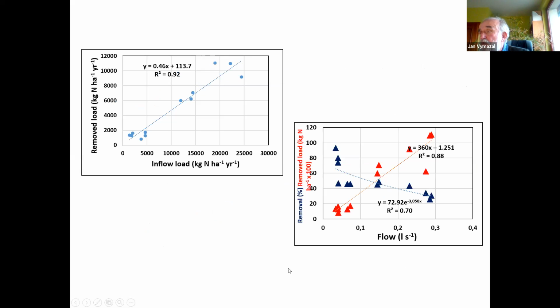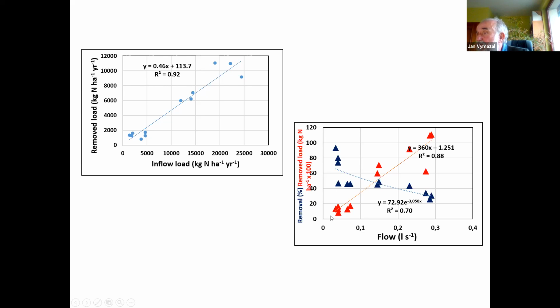And these two figures show the relationship between inflow load and the removed load. So the higher the inflow, the higher the removed load. And this is an interesting graph which shows the relationship between flow and removal. So the higher the flow, the lower the removal as a percentage. When we compare inflow and outflow, the red is the relationship between the flow and the removed load.